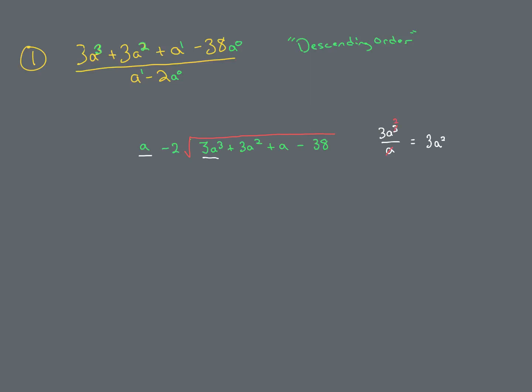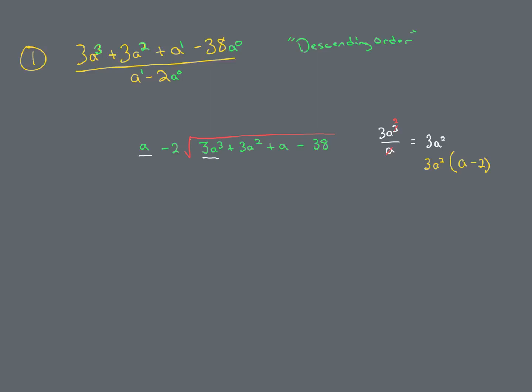So 3a to the second. And then what we're going to do is take 3a to the second and multiply that by the a minus 2, the thing that we're dividing by.